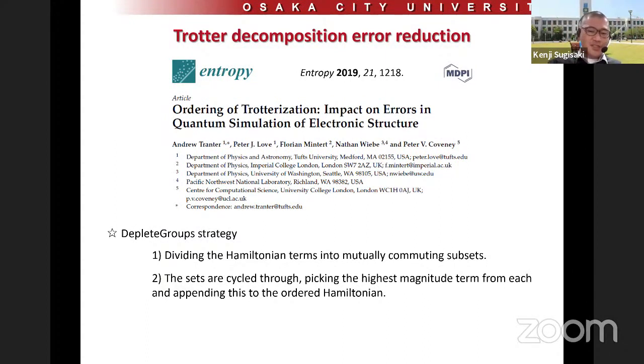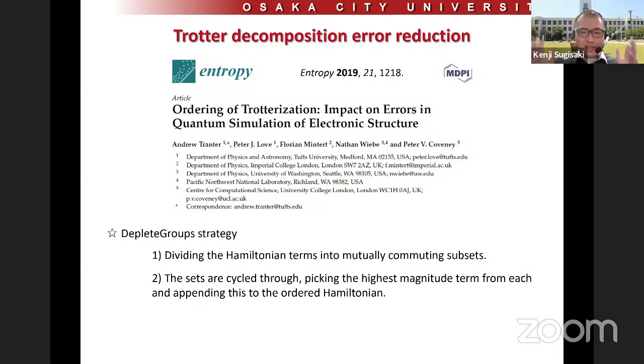And then next, we select the term having the highest magnitude in group B, and then select the highest operator in group C. And this procedure is iterated. So A, B, C, A, B, C, A, B, C, and so on.